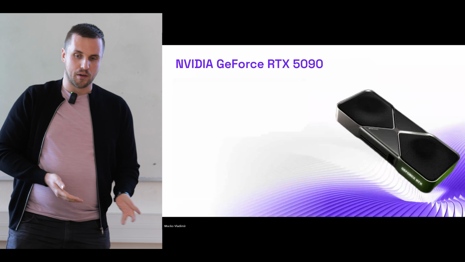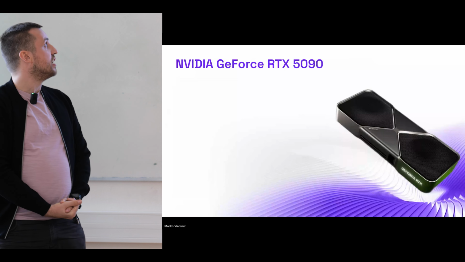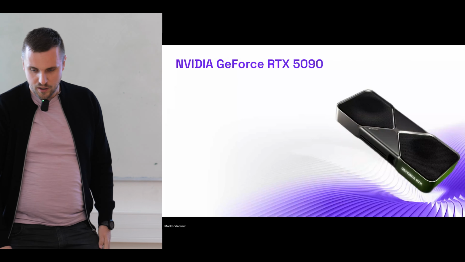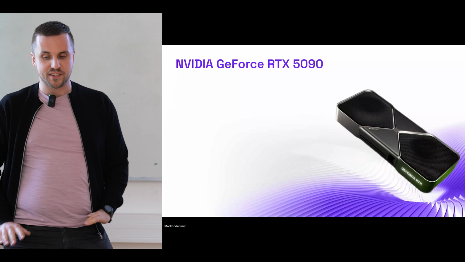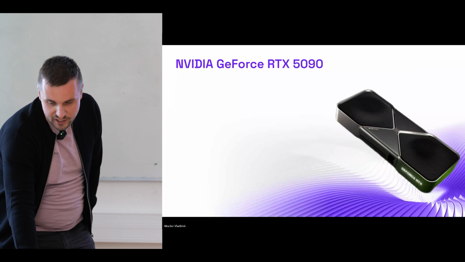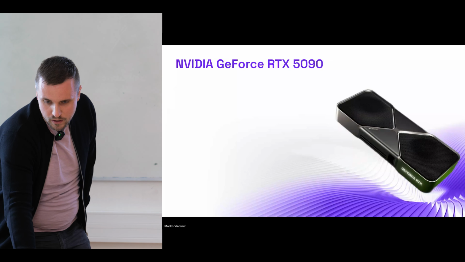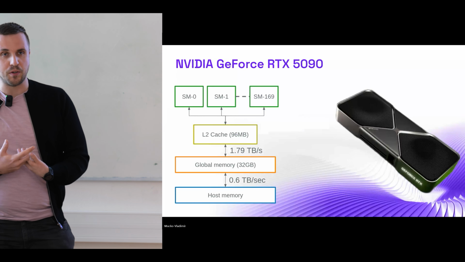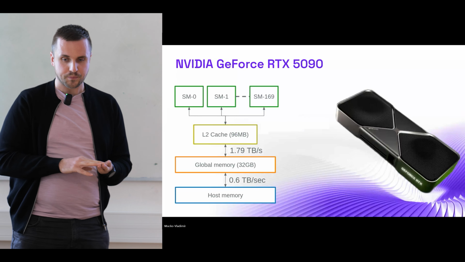What is much more available, even though still this is like a luxury hardware, is NVIDIA RTX 5090, which is expensive but reasonable consumer GPU that you can get, or you can get soon. But let's look inside. What is inside the GPU, what it actually is.